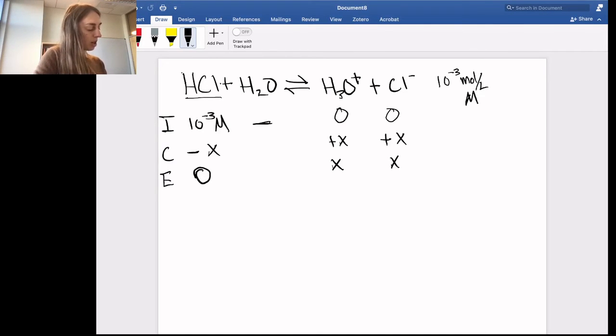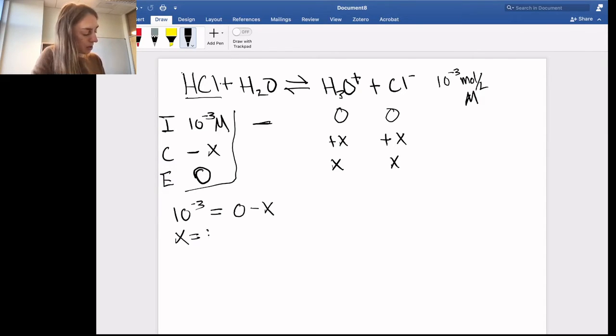We can just use this column to figure out our ending concentrations and then our pH. Initially 10 to the minus 3 equals 0 minus X. If we just do our math here, we know that X equals 10 to the minus 3.